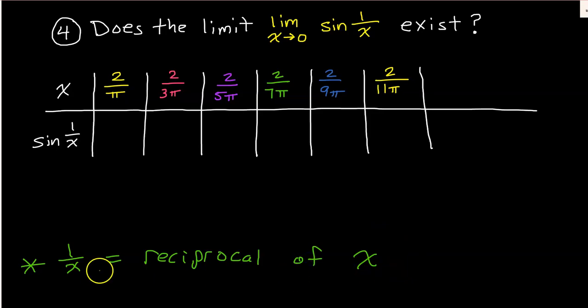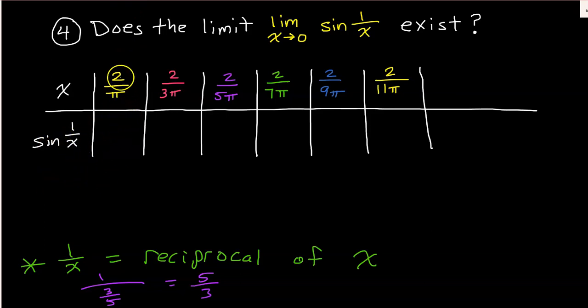This makes sense because, for example, if we had 1 over 3/5, you would have to multiply by the reciprocal, and this would be the same thing as 5 over 3. So 1 over something is just the reciprocal. Keep that in mind as we do this, because we have the sine of 1 over x.